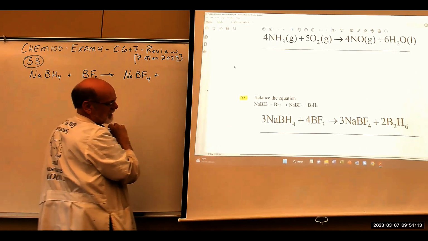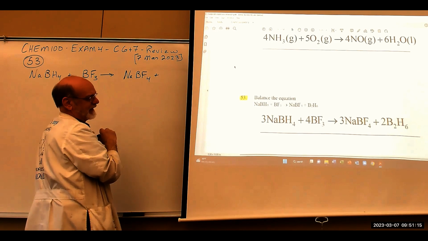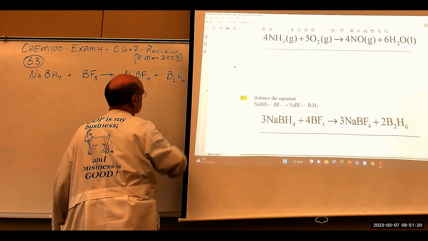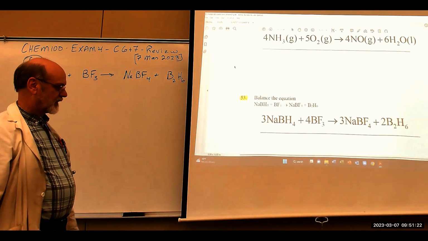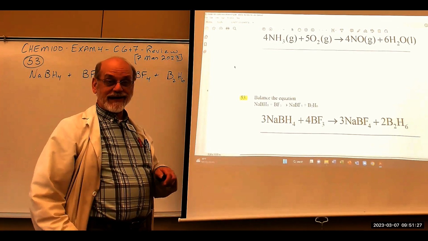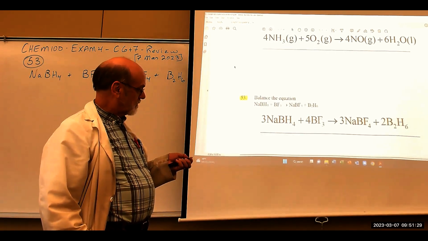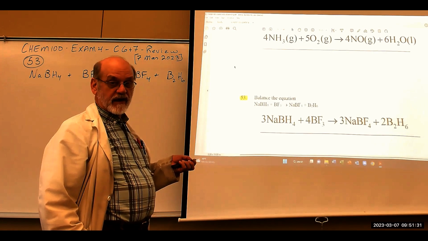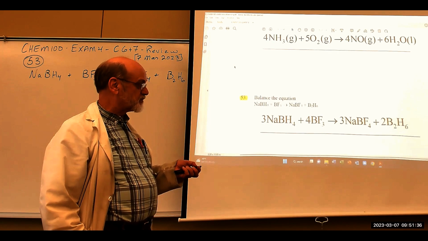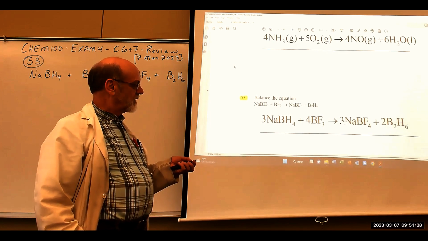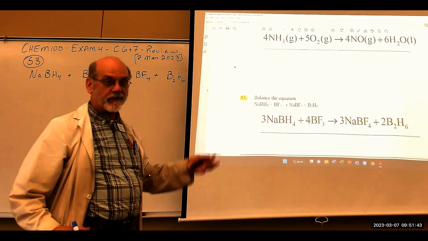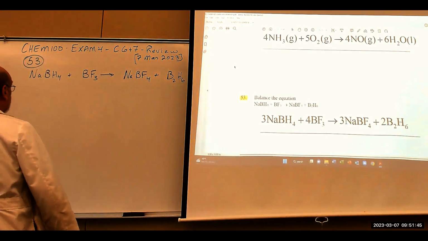And diborane. Now the only one in here that I would expect you to know how to name is this one, because that's a binary compound. These are not binaries. And this one is a special case. So if you can name that one, that's good. The rest of them, I just happen to know what they are, what they're called.